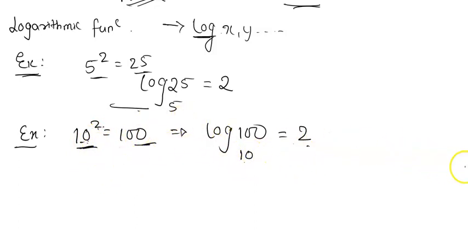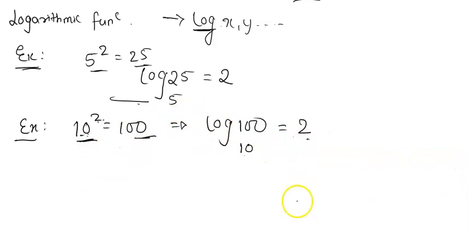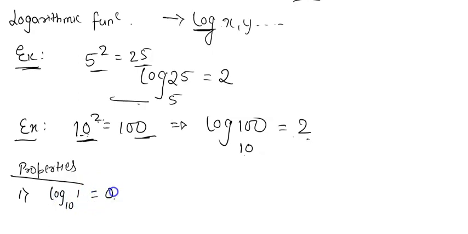Now there are some very important properties of log that we need to know. So we'll understand what the properties are. Our very first property is log to the base 10 of 1 is always 0.